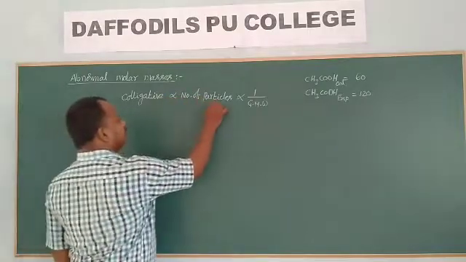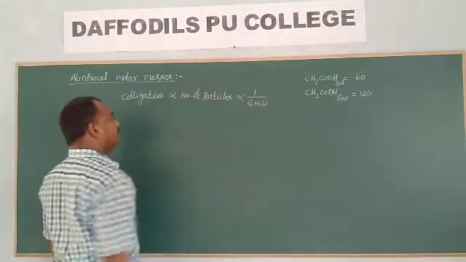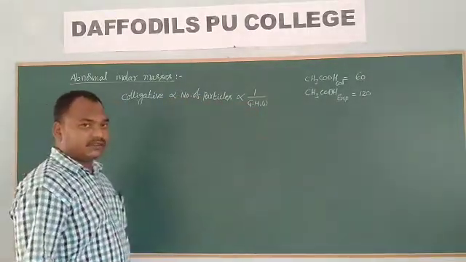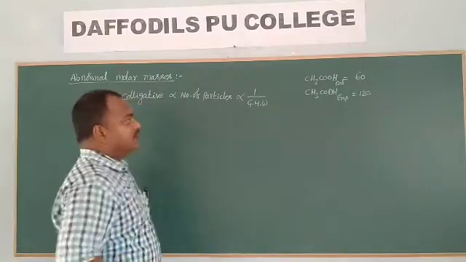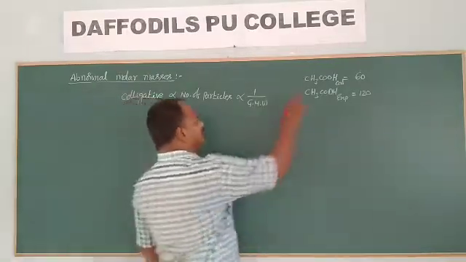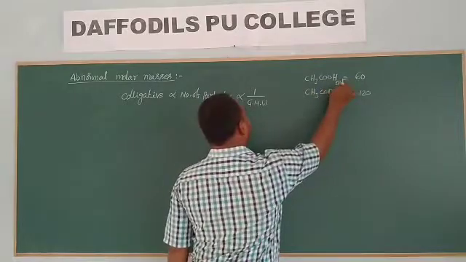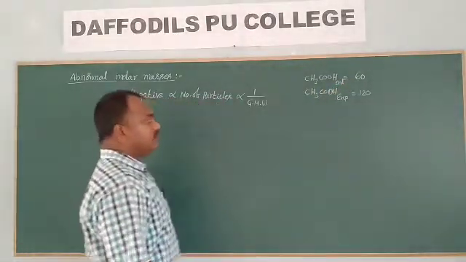As the number of particles increases, gram molecular weight decreases. The same thing appears here. The calculated molecular weight of acetic acid is 60.